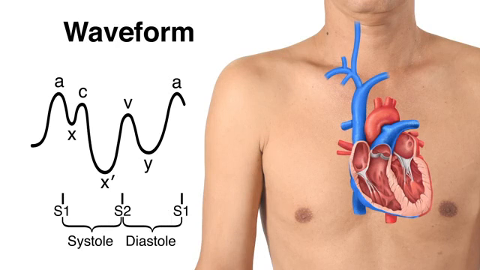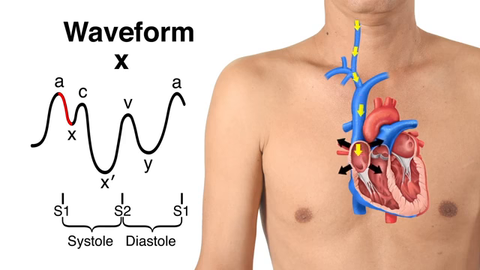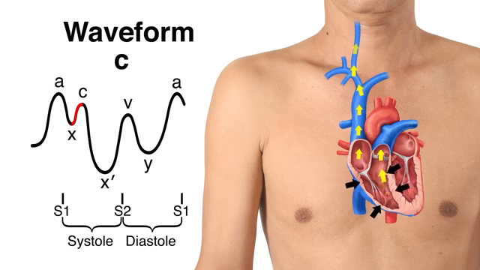In this tracing, you can see a jugular venous waveform that corresponds to different portions of the cardiac cycle. The A wave corresponds to right atrial contraction. Its peak denotes the end of atrial systole. The X descent denotes right atrial relaxation. The C wave denotes right ventricular contraction and closure of the tricuspid valve.